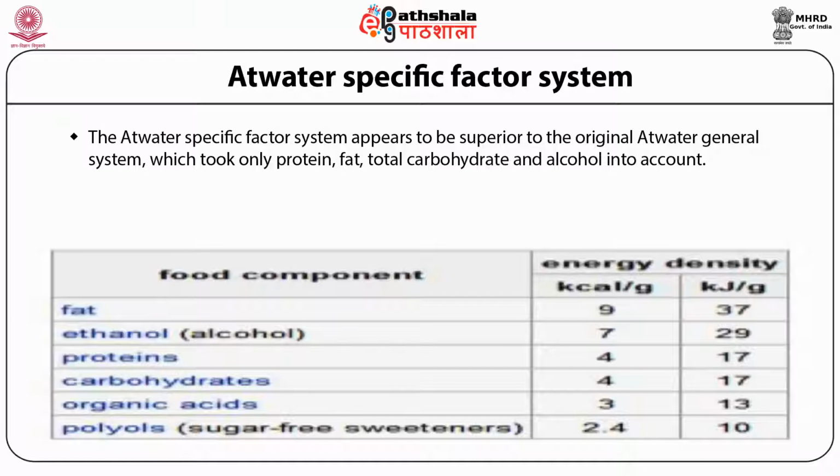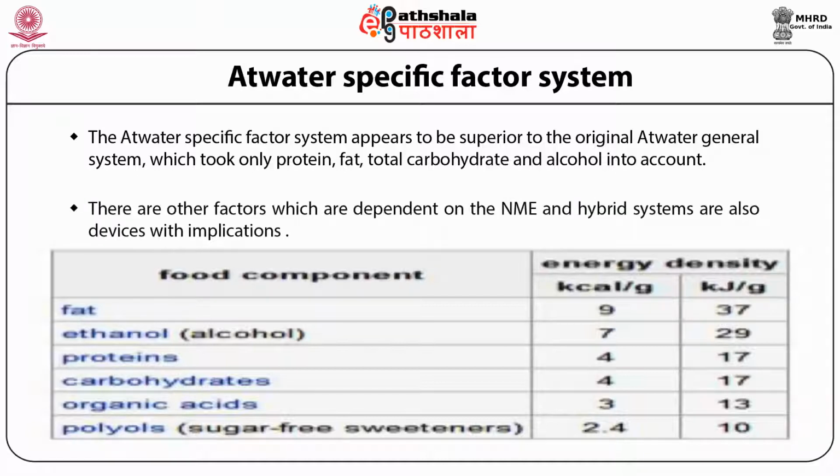The next system, the net metabolizable energy system, is based on metabolizable energy. However, values can be modified to account for energy that is lost as heat from different substrates and will not be available for production of ATP.